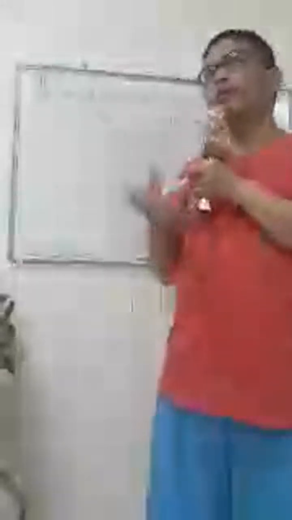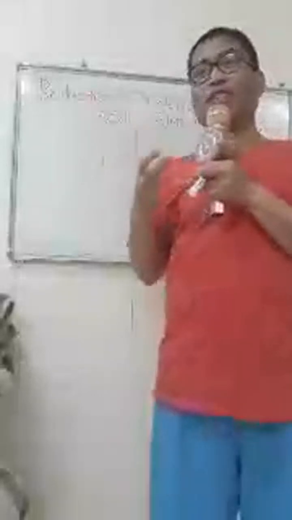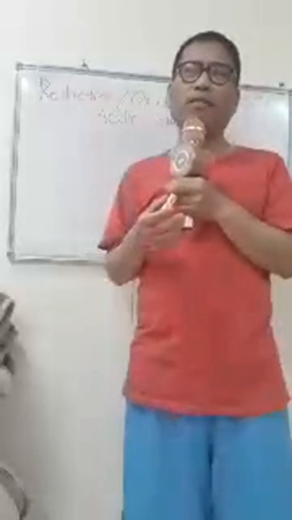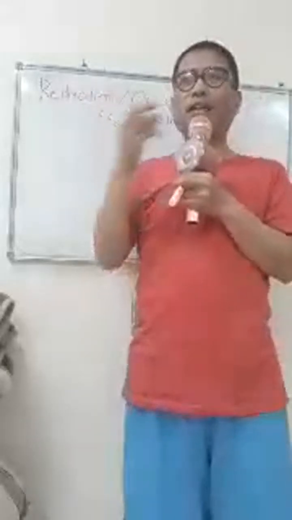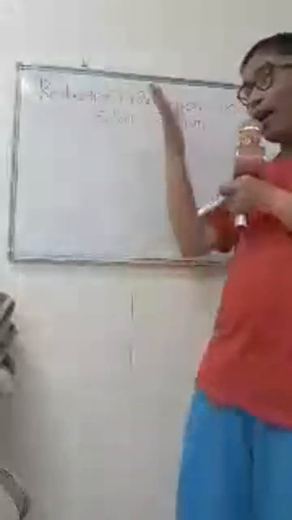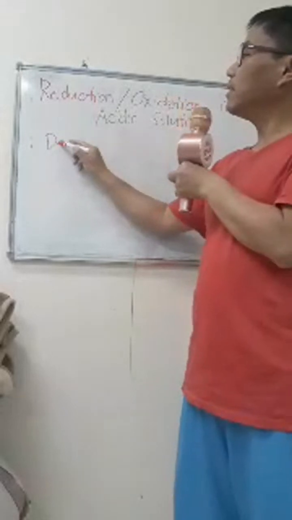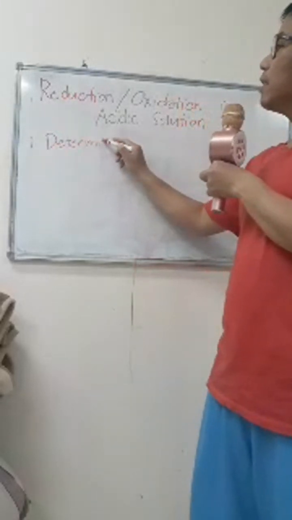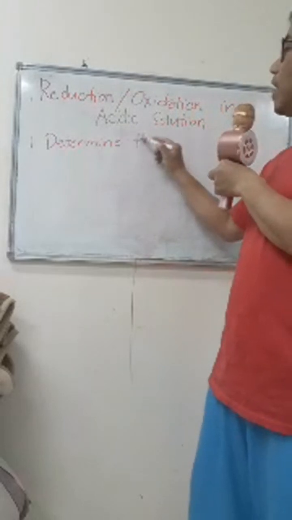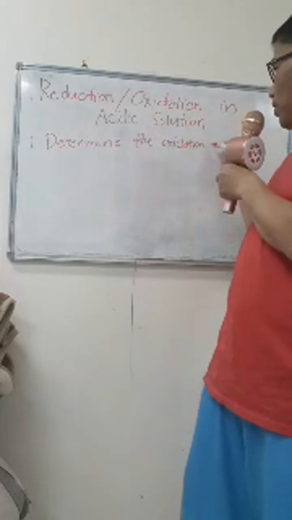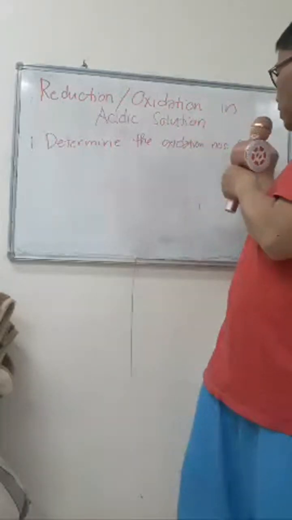So we need to give you the steps on how to do it. Number one, we need to determine the oxidation states of each element or compound in a chemical reaction, the reactants and the products.